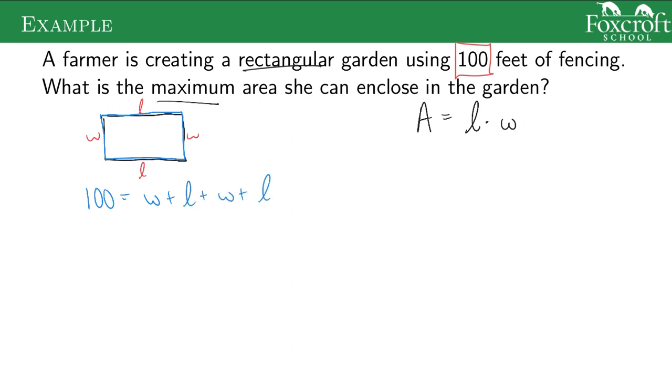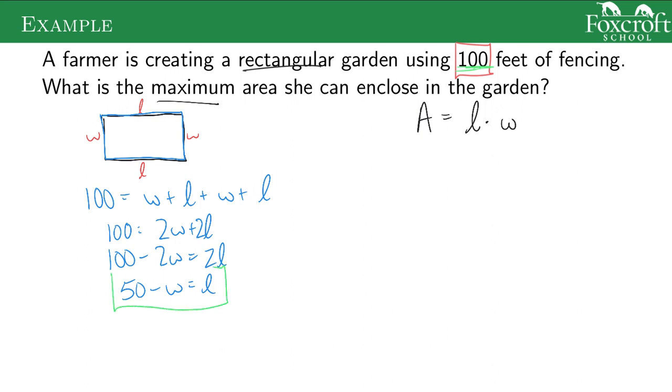So this gives me a relationship between W and L, and I can solve it for either variable and plug it into my area formula. Let's solve it for L. Dividing by 2, L equals 50 minus W. So no matter what, because I'm restricted to 100 feet of fencing, 50 minus W has to equal L, and I can replace that in my formula.